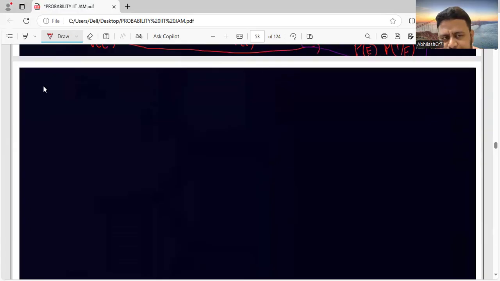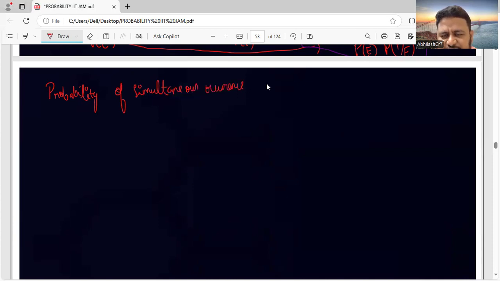Now let us find out. Now you understood it for two events. So the probability of simultaneous occurrence, listen carefully, each and every word is very important, of three events. So when it comes to three events, let E, F, and G be three events.